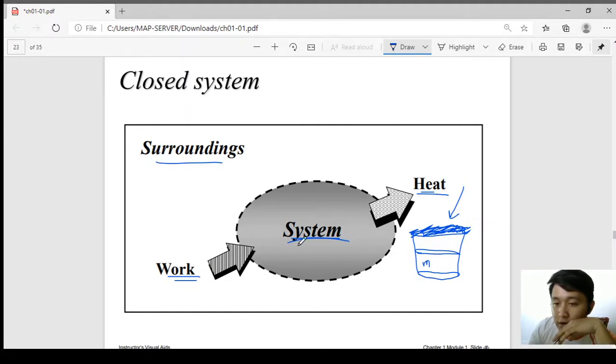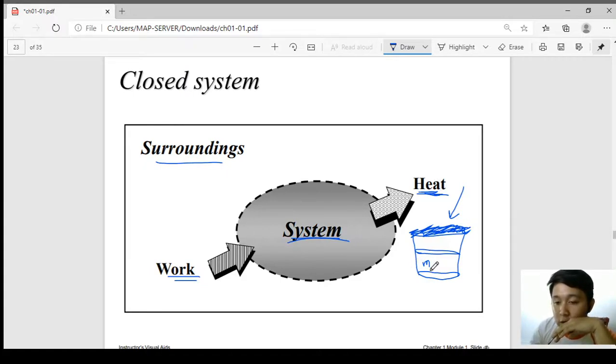So, how do work or heat come in? Let's say this cup came from the ref, so it has a temperature of 22 degrees Celsius. Then we have the room temperature which is 30 degrees Celsius. When you put the cup of cold water outside, of course, what is the principle of heat? Heat goes from higher temperature to lower temperature.